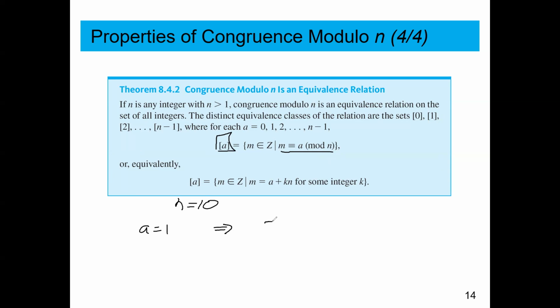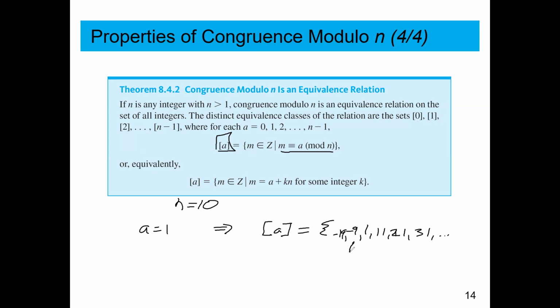Then the box A, the residue, is going to be the set, and just some of these values would be 1, because 1 has a remainder of 1, 11, 21, 31, and so forth. Over here, the interesting part is then it's negative 9, negative 19.